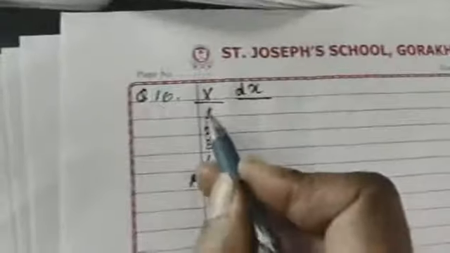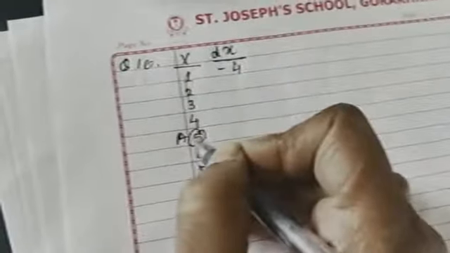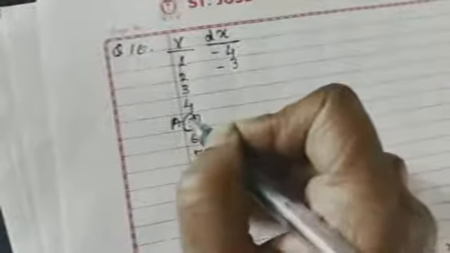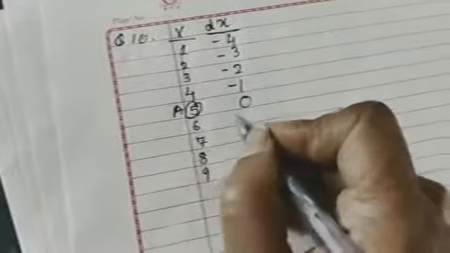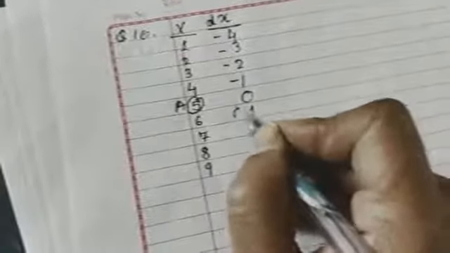So 1 minus 5 will be minus 4. 2 minus 5 will be minus 3. 3 minus 5 will be minus 2. 4 minus 5 will be minus 1. 5 minus 5 is 0. Then 6 minus 5 will be 1. 7 minus 5 will be 2. 8 minus 5 will be 3. 9 minus 5 will be 4.